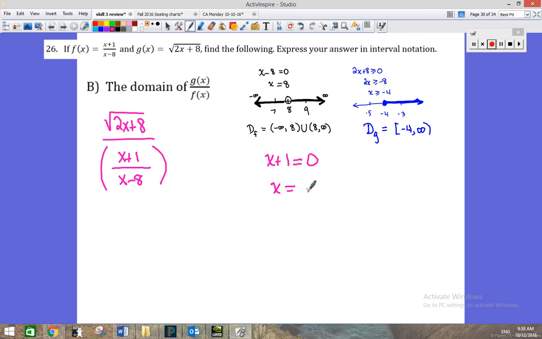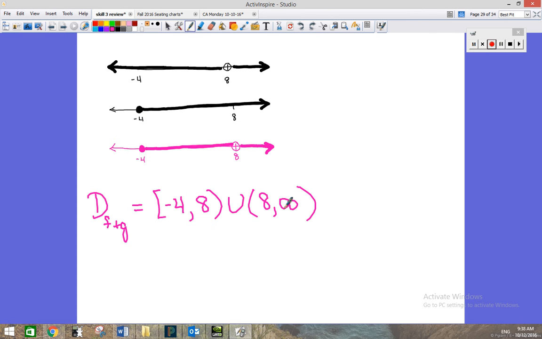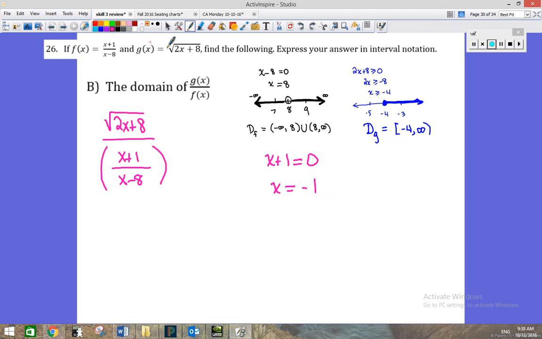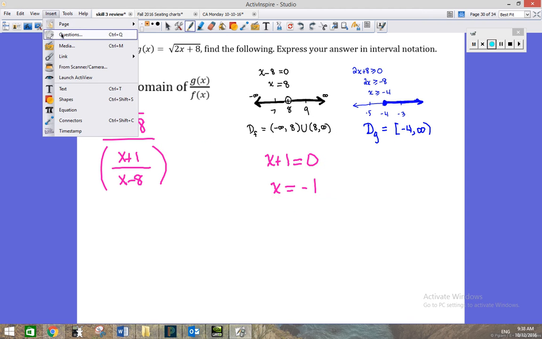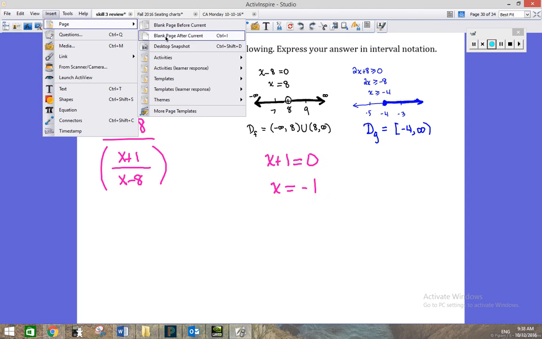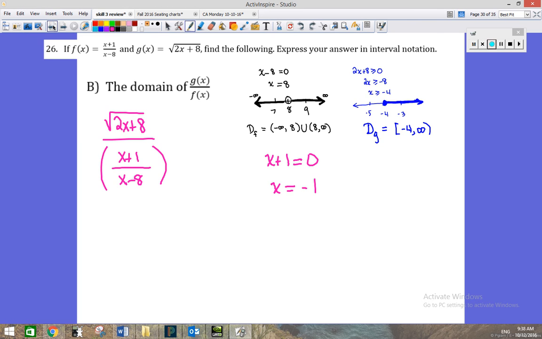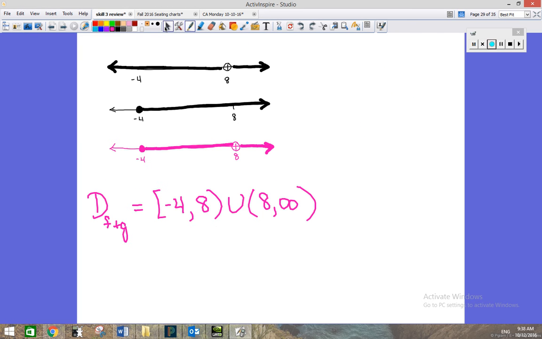So we have to throw out -1 from our answer here. So in a sense we have another number line to add to our picture. So let's go back and let's get these three.